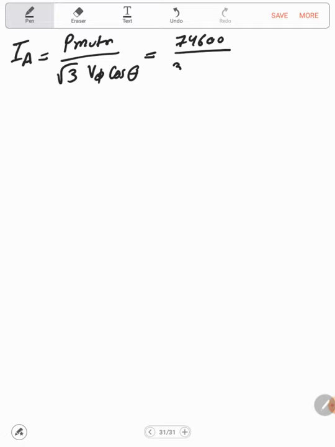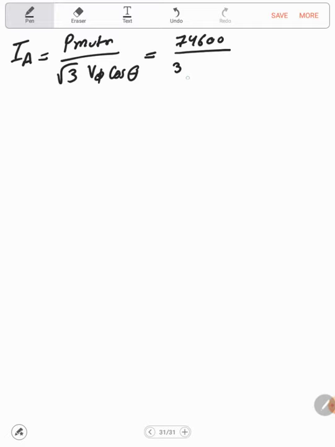So I of the machine, IA, will equal P of the motor over 3 V phase cosine theta. So if we do the math, this will equal 74600 over 3.